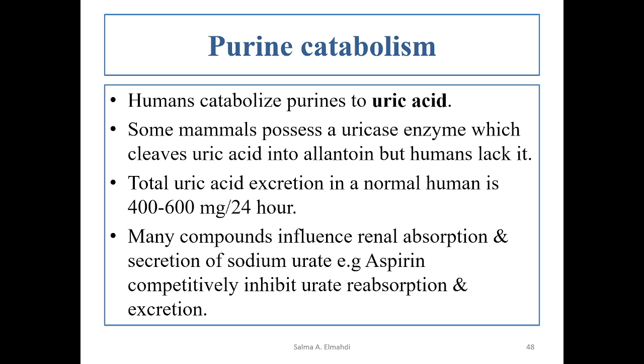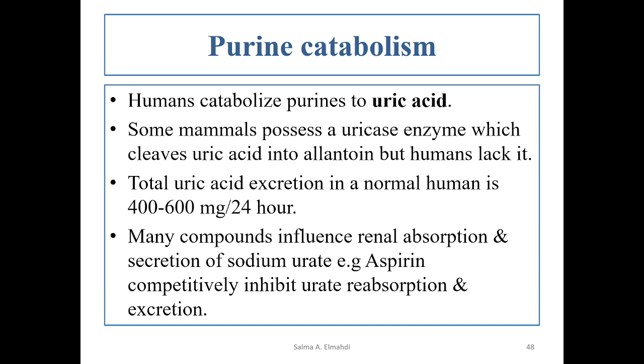So far, we have discussed purine synthesis. What about purine metabolism, how the body breaks down purines? Humans catabolize purines to uric acid. Some mammals possess a uricase enzyme which cleaves uric acid into allantoin. But we as humans don't have a uricase, so our end product of purine catabolism is uric acid. And it is an acid, and the body has to deal with it. Total uric acid excretion in a normal human is around 400 to 600 milligrams per 24 hours.